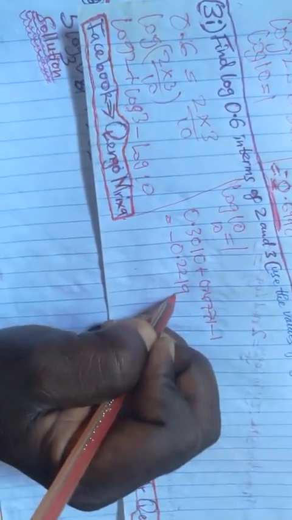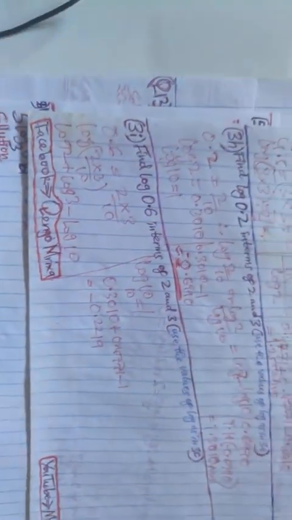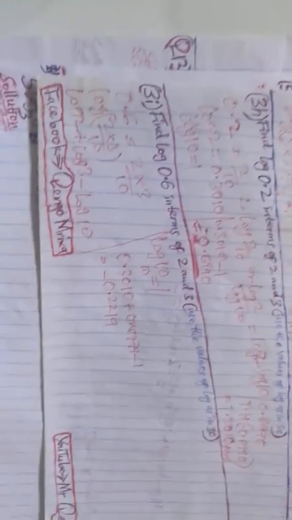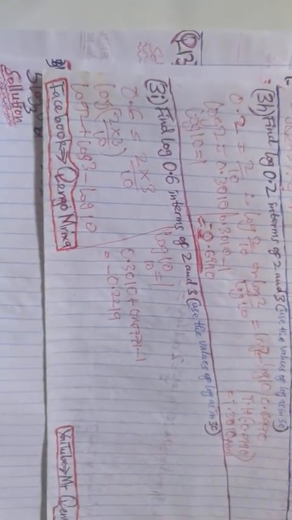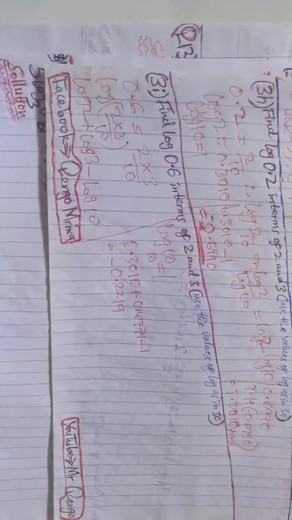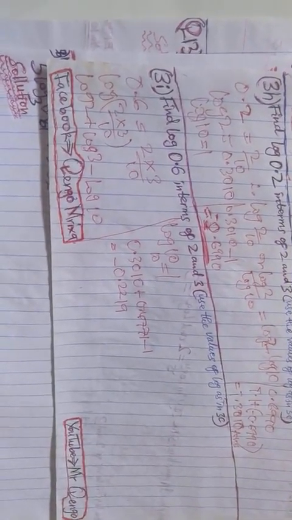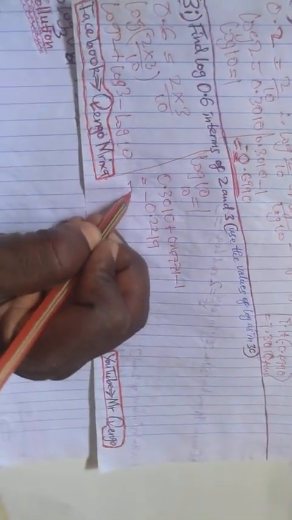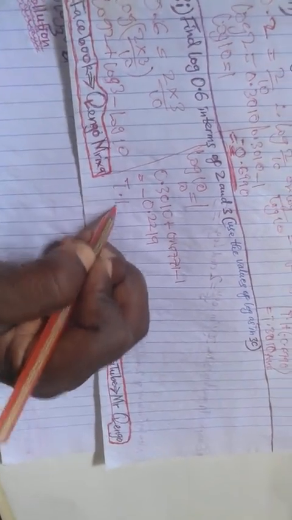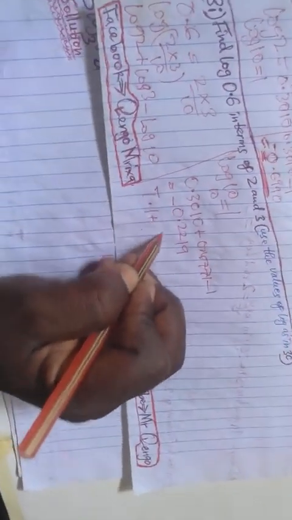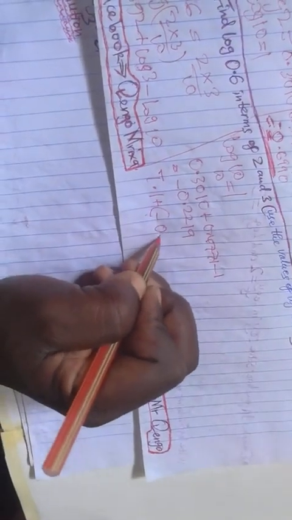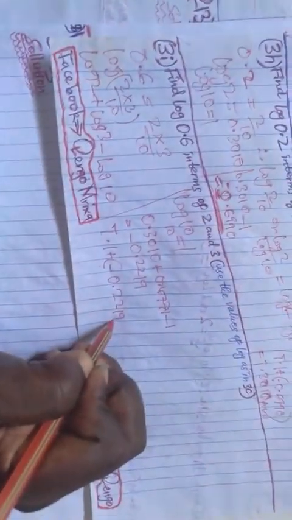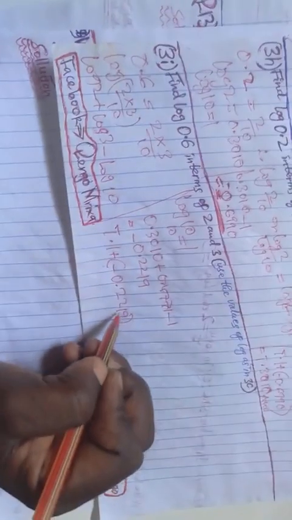Now, since our mantissa cannot be negative, we say bar 1 point 1 plus the negative decimal gotten as the answer. Therefore, this will give us bar 1 point, 1 plus brackets negative 0.2219 in brackets.